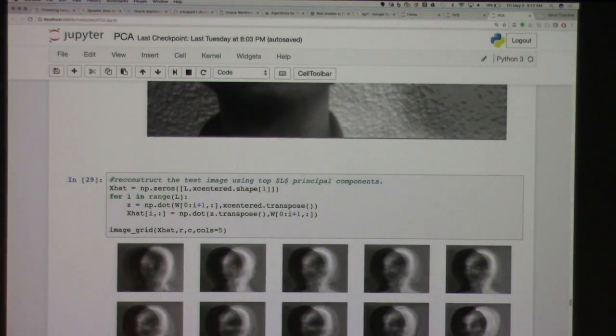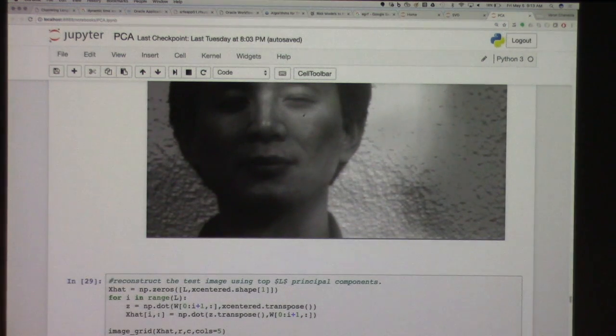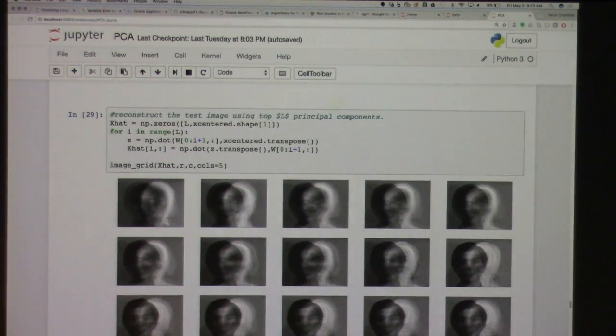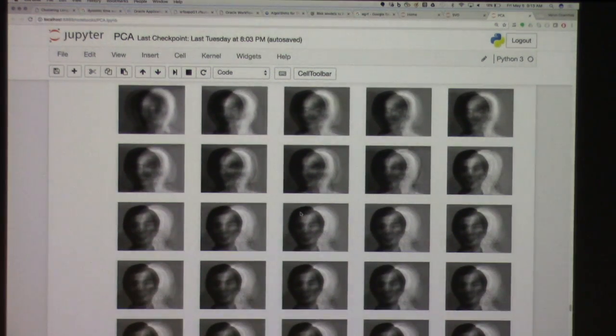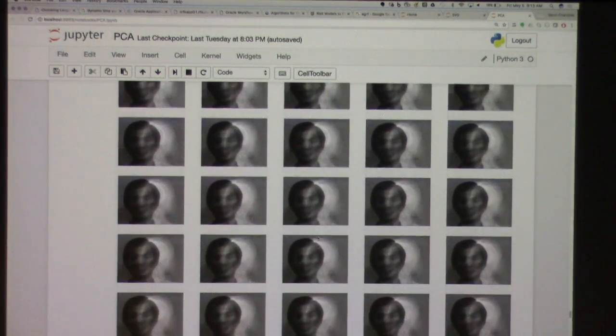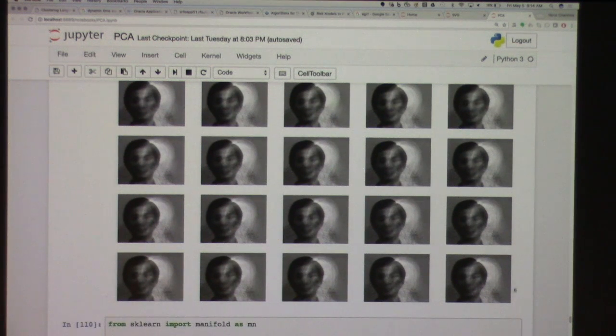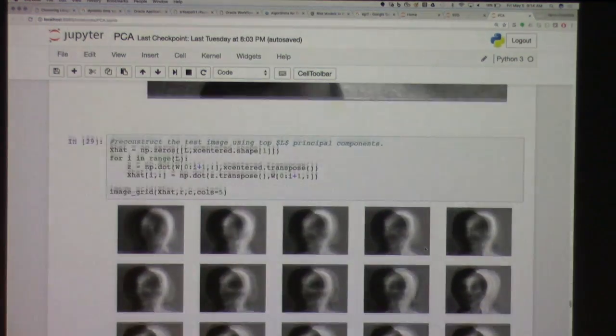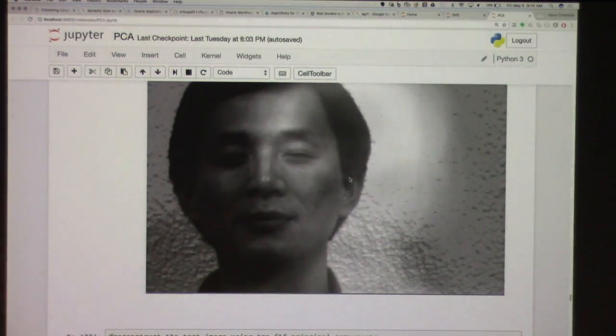You can see that using only the first principal component, the image doesn't have much information. It doesn't quite look like this person. But as I include more and more principal components, slowly the image starts looking more and more like the test subject. By the time I've reached 50 components, you will see that this image looks fairly like this test image.